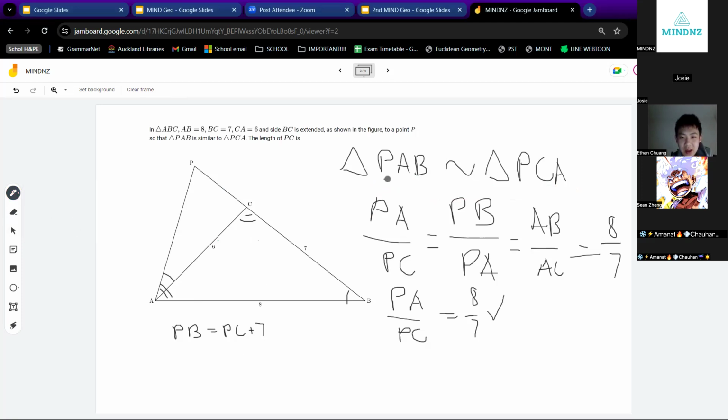When you read out PAB and PCA, this means that angle PAB has to equal angle PCA. So if you read it this way, you start off with the P, the B, and the A, you have to do the same thing here. So PAC. So then you get angle PBA equals angle PAC. So that's how we got all the angle conditions.